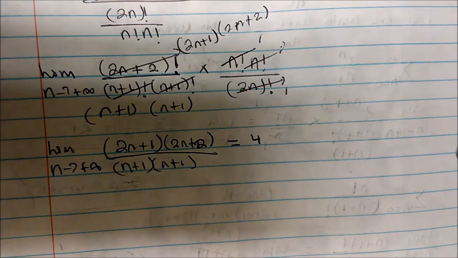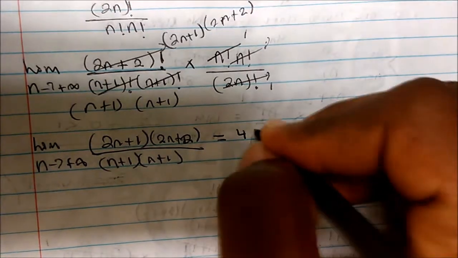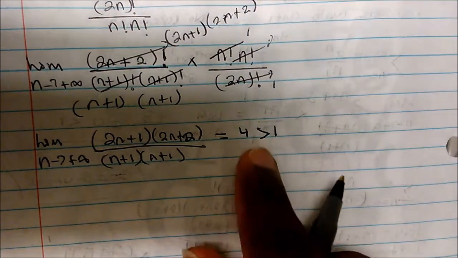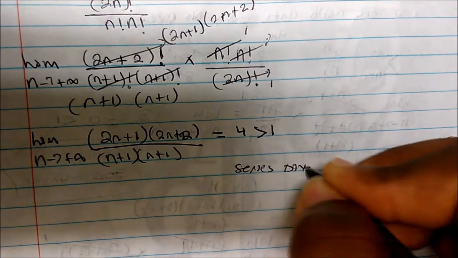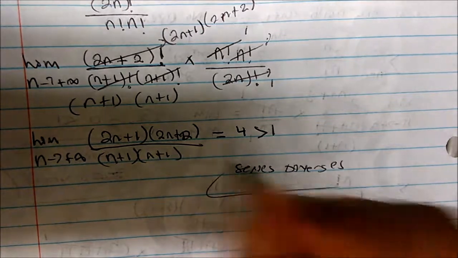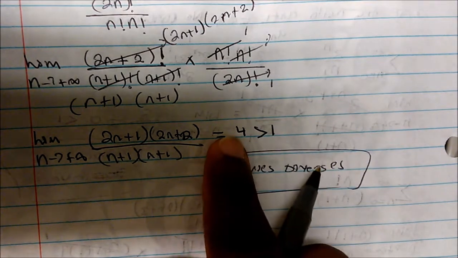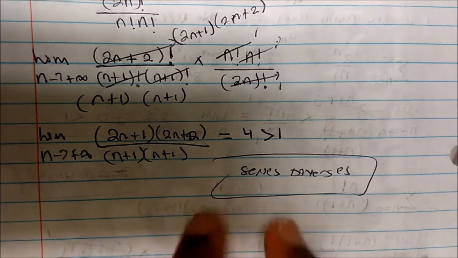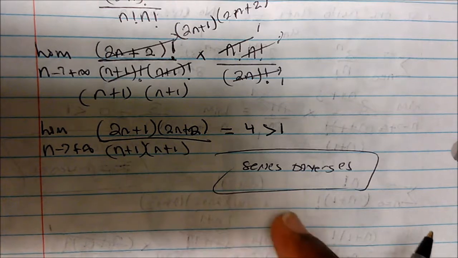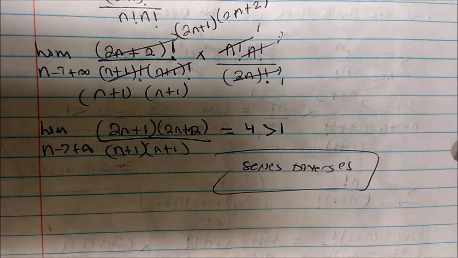Okay? And so in this case, we know 4 is actually greater than 1. Therefore, we can conclude that the series actually diverges in this case. So the series actually diverges because the value that we get is actually greater than 1. Okay, so this is a quick way, so this is the basic idea behind the ratio test.